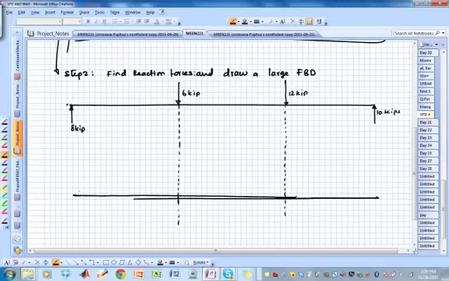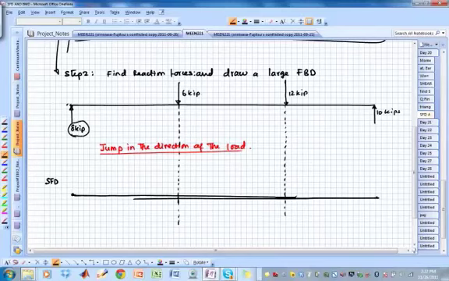Now this is the shear force diagram, and the key idea is the following: jump in the direction of the load. That's the key thing to remember. So what I mean by that is I'm going to start here, and can you see that the load is 8 kip and it's pointed upwards.